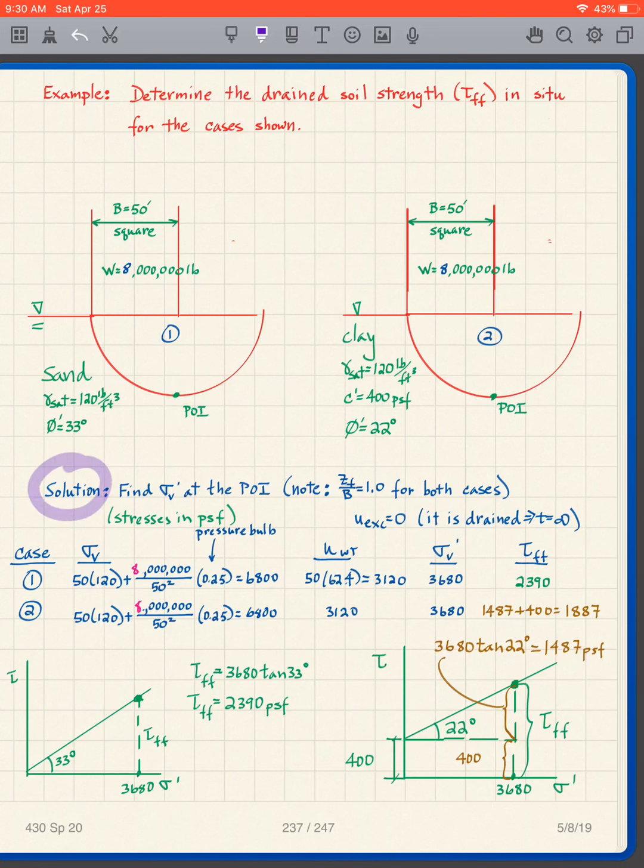So the solution is, the first thing we want to do is find sigma v prime at the point of interest. I've given you the point of interest, and we have ZF over B is 1 for both cases. So I have case 1, case 2.